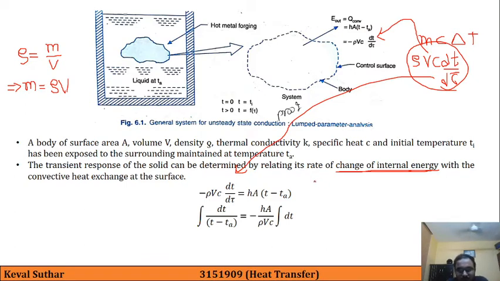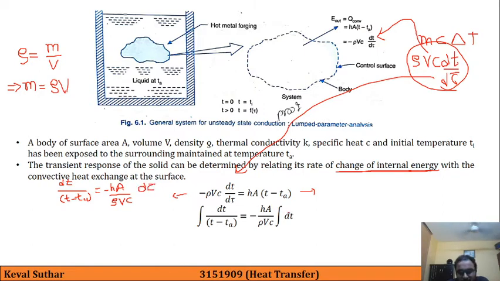Now to explain here, I will write down that it is dT over (T minus Ta), that is, we have taken all temperature terms together, equal to minus hA upon rho Vc, and here we have kept d tau.